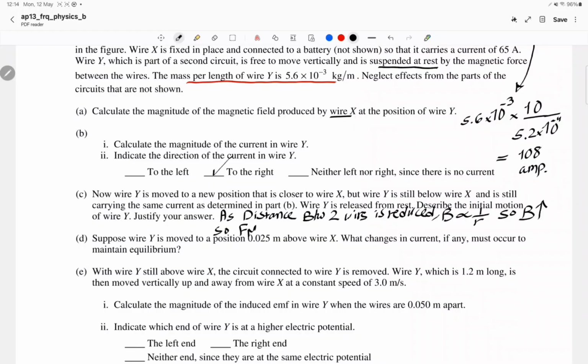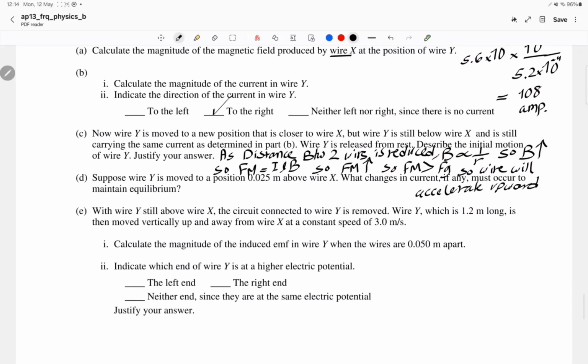So Fm is equal to ILB, so Fm will also increase. So Fm will be bigger than Fg, so the wire will accelerate upward.